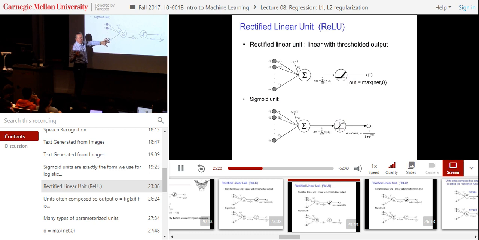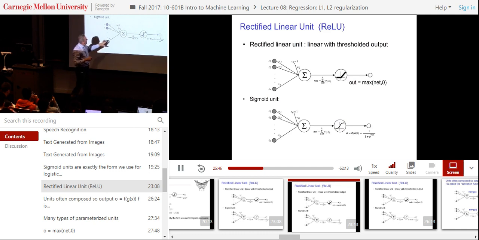We can make them Boolean if we like, but as far as the network's concerned, they're real valued. And it outputs a single real valued number. The output is a unit? No, the unit is this whole computational unit. So I would say these are the inputs to this unit, and this is the output of the unit.